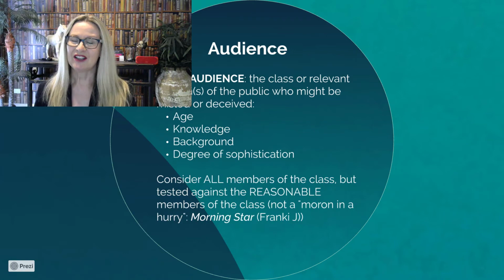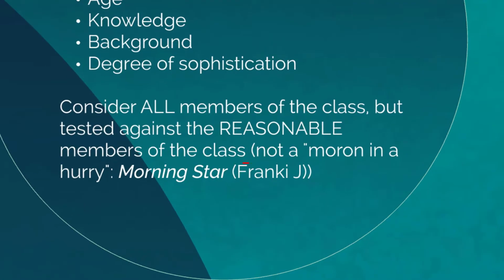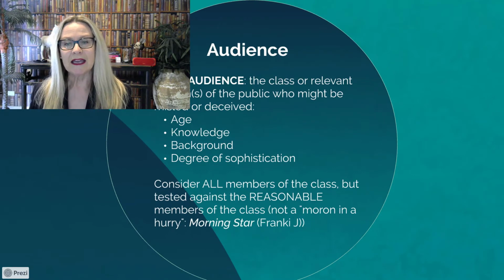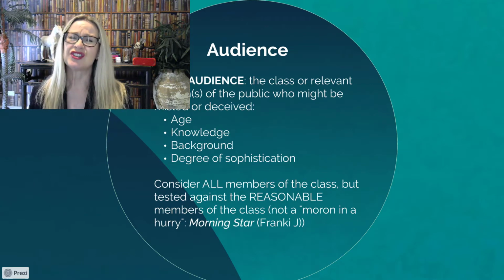However, and I love this quote, and it gets used time and again, it never gets old. As Justice Frankie said in the Morningstar case, you look at everybody in that class of persons, but not a moron in a hurry, okay? This is consumer protection legislation, but it's not meant to exculpate or excuse poor decision-making by consumers that just don't take enough time to look after their own basic self-interest.